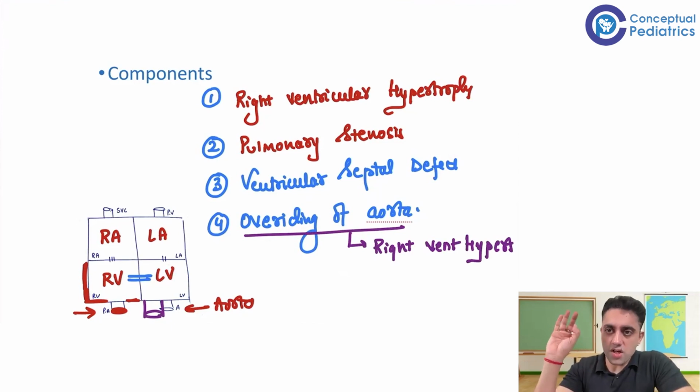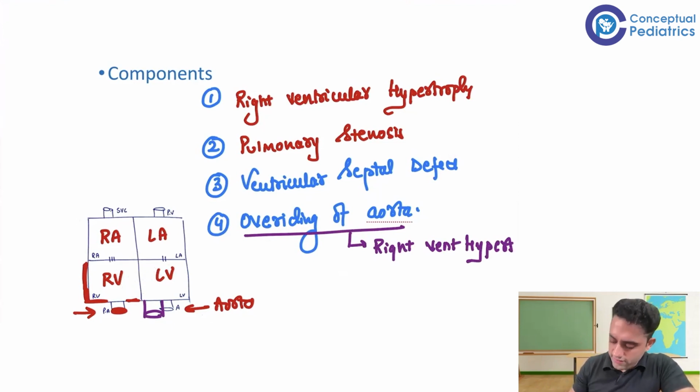Just remember, in general we have the VSD, the ventricular septal defect I just told you about. In tetralogy of Fallot, it is a very large VSD. So the blood coming from the superior vena cava to the right atrium to the right ventricle to the left ventricle, and from the left ventricle the blood is going to the aorta.